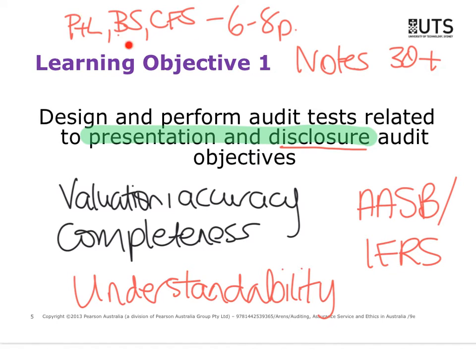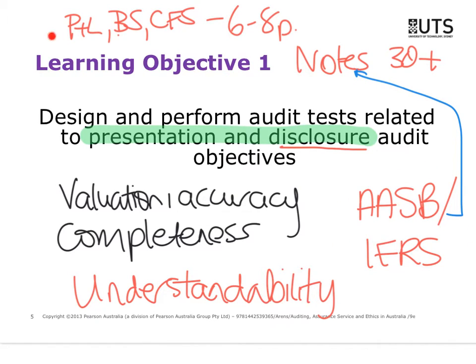It just doesn't mean the numbers, it also means the note disclosures, because the AASBs dictate what should be in the notes. How much information? What sort of breakdowns for group disclosures or segments or goodwill or inventory? That all needs to be prescribed by the AASBs.